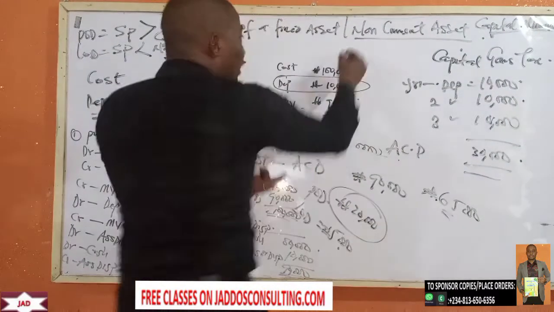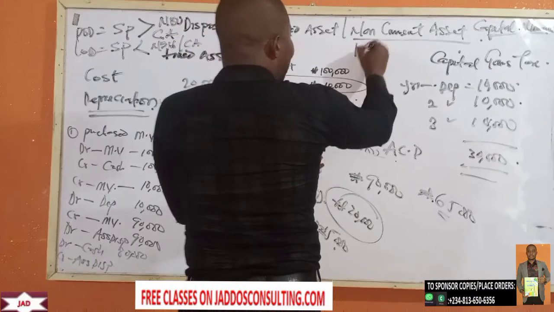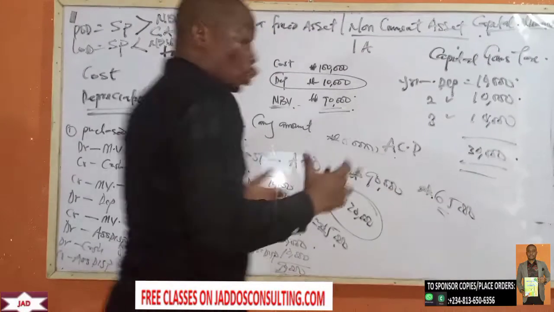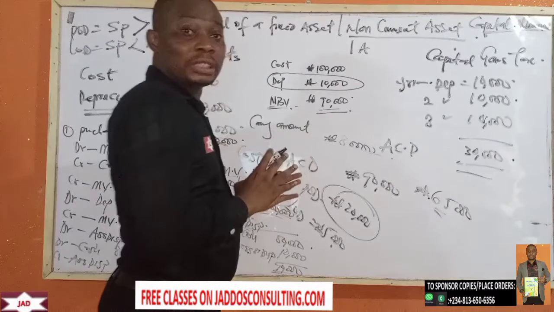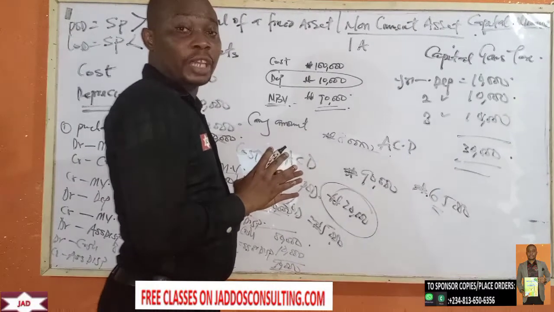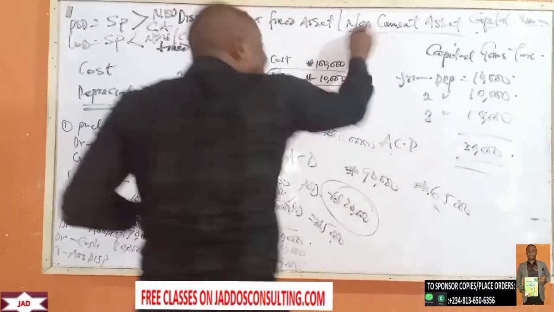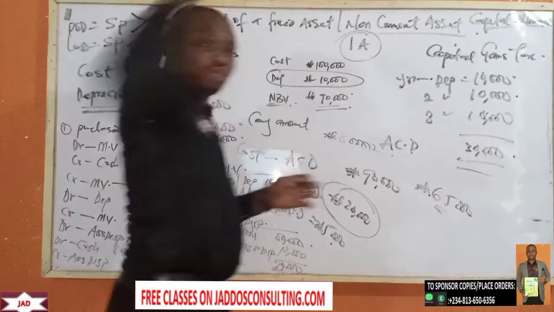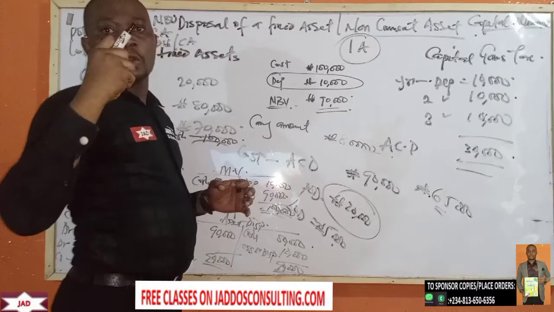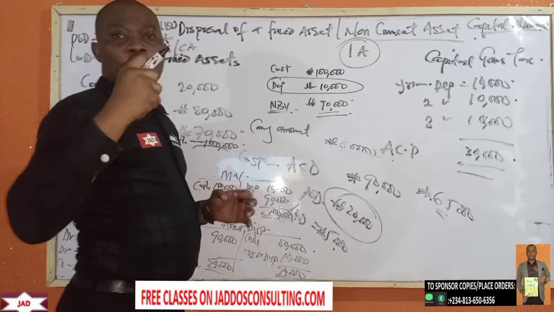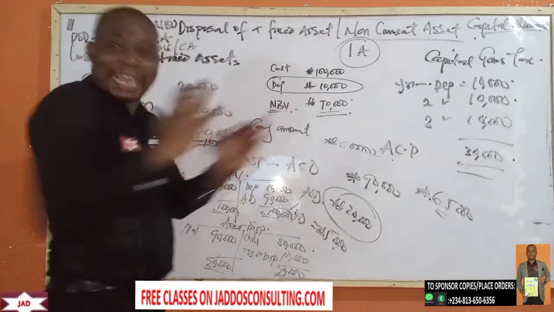So we have what we call initial allowance. Initial allowance applies so long as the asset is a qualifying item for capital allowance. You must take it out of the profit once in the lifetime of the asset.